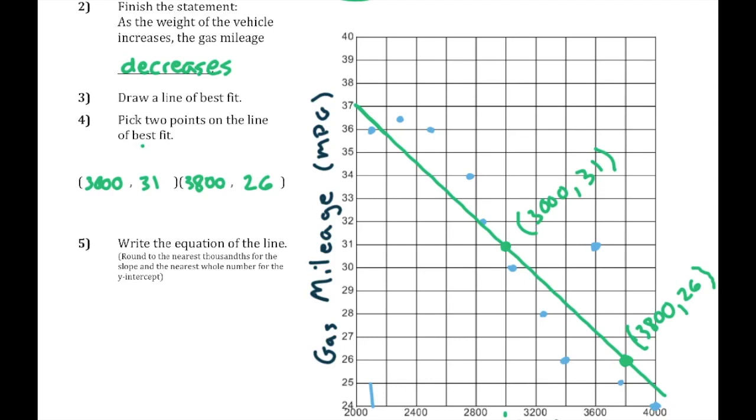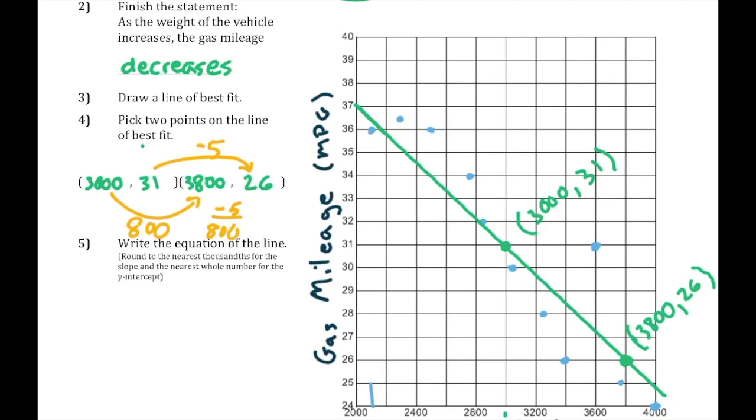Now our goal is to find the slope and write the equation of this line of best fit. And so we're going to find the slope by finding the change in y. So 31 to 26, which is a negative 5. We got to subtract 5 there. And then a change in x, 3,000 to 3,800, is going to be a change of 800. Now we're adding that, so it's positive. Now we're going to write it as a fraction, the change in y over the change in x.